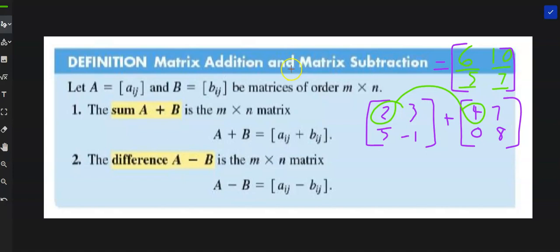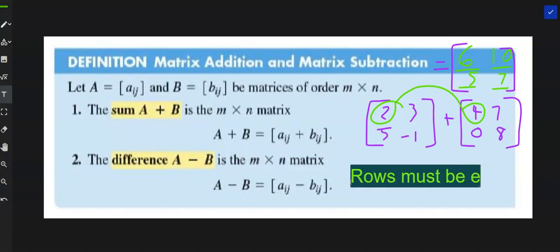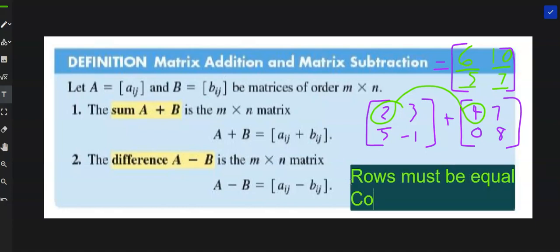Must have equal dimensions. So maybe I should type that out. Rows must be equal. Columns must be equal. I'm saying it this way so you don't get the idea that they have to be square matrices. I mean, obviously square matrices do qualify.